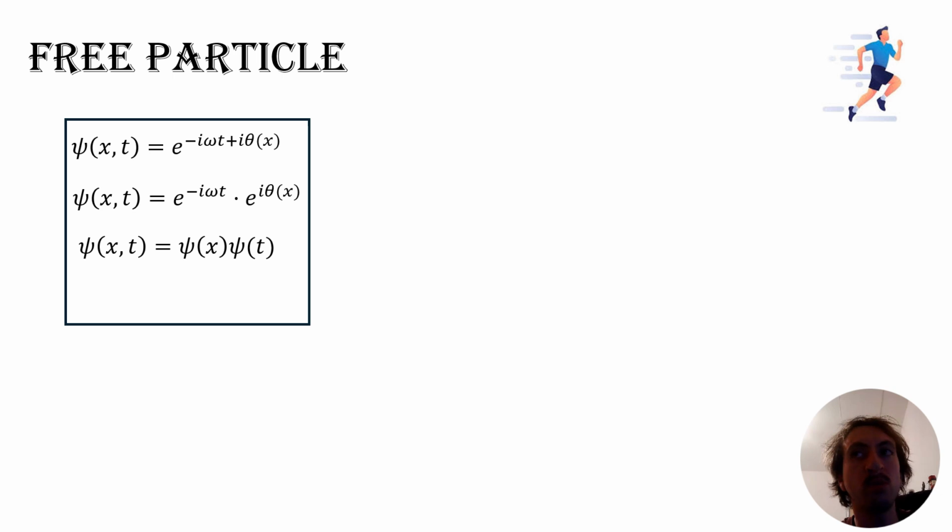Because Schrödinger's equation tells us about the change in the energy of a particle. It tells us about how the total wave function will change in time, which depends on the energy.